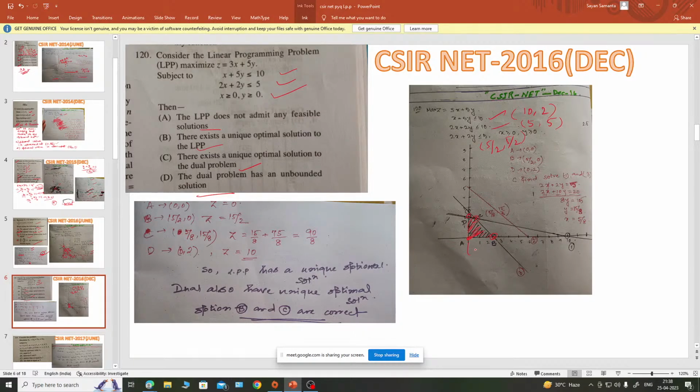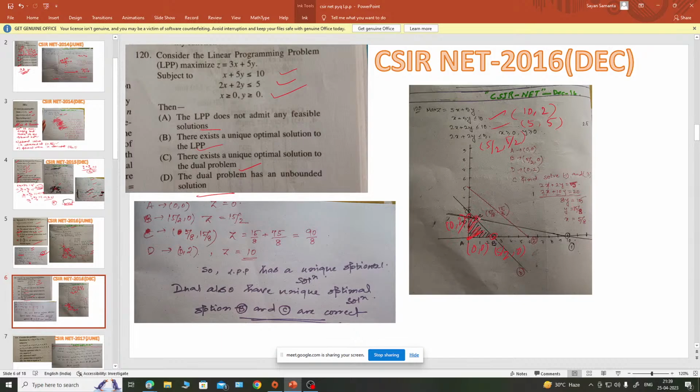So we can find A. A means 0,0. Here also B. Here B is 5 by 2 comma 0. You can easily see that. And here also D is 0 comma 2. Is it clear?